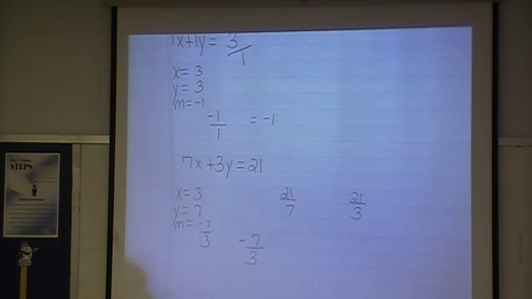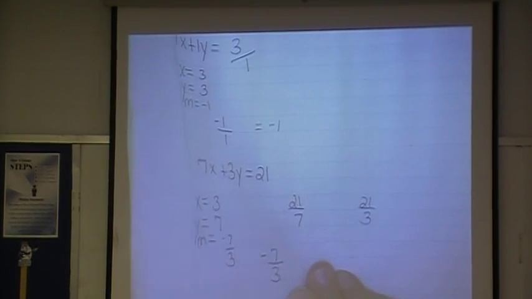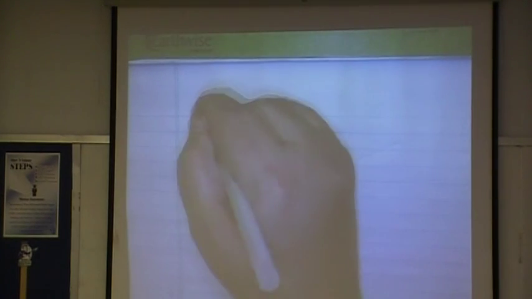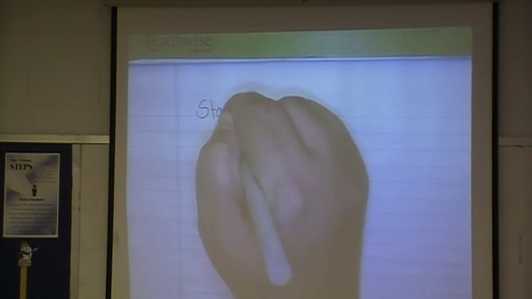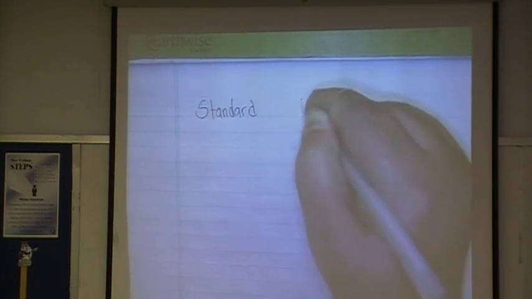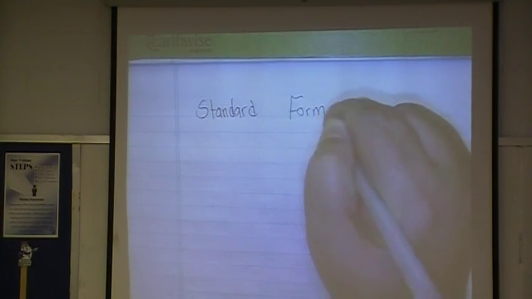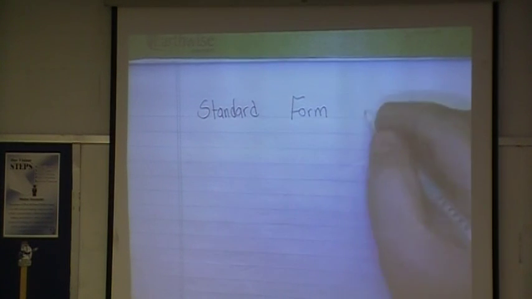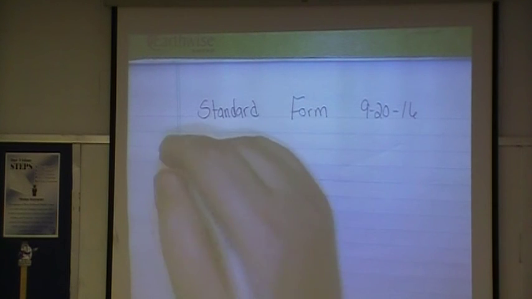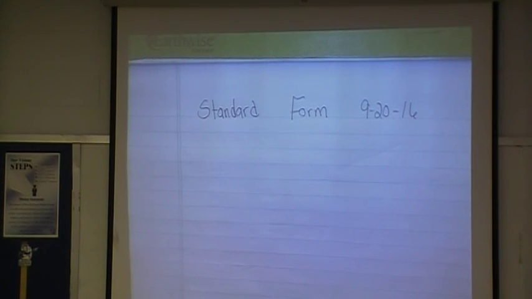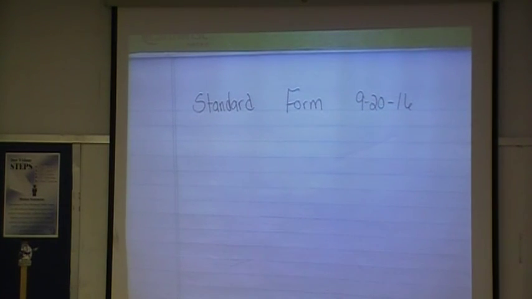Now your written work, what I'm going to be checking tomorrow. I'm going to give you 6 equations. On this, I want you to find the x-intercept, the y-intercept, and the slope.